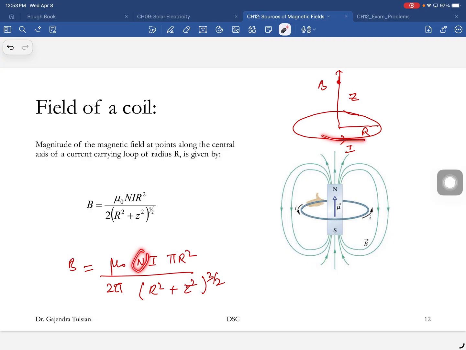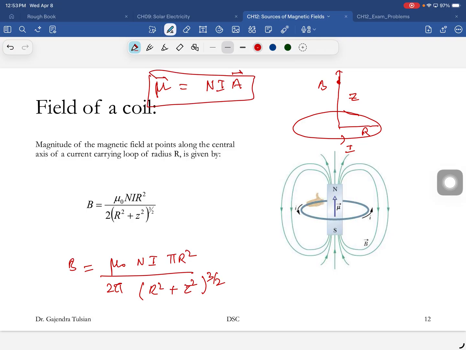N is the number of turns of coil, I is the current, and pi R squared is the area of the coil. This here is the strength of this magnet. So the strength of that electromagnet, denoted by mu, is N, the number of turns of coil, times I times the area of the coil.